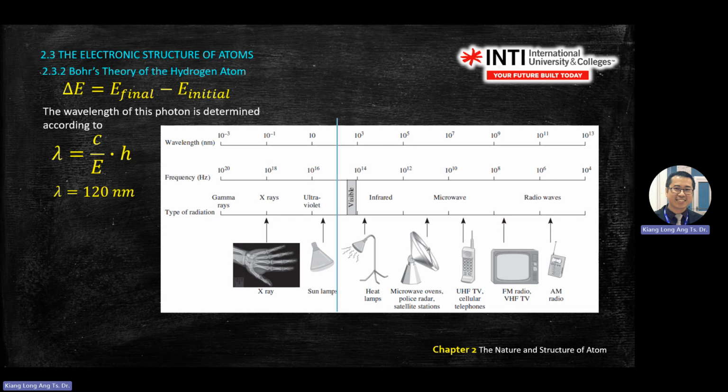So you cannot see it, but you'll start to feel hot already. And the emission is quite fast. Ultraviolet is about the sun lamp and so on, right? So ultraviolet is when you go to the beach, you go sunbathing, it's the effect. Okay, so it's about the ultraviolet range.